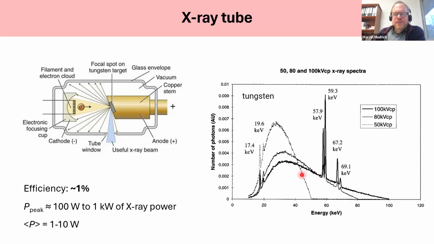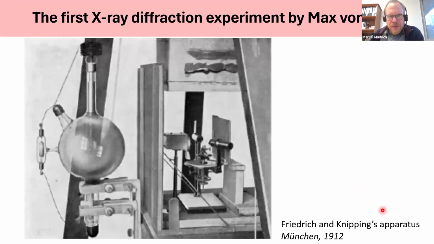And there's a broad distribution due to what is called Bremsstrahlung, just the fact that the electrons are accelerated when they hit the material and directly emit radiation. So that is the typical X-ray tube radiation.